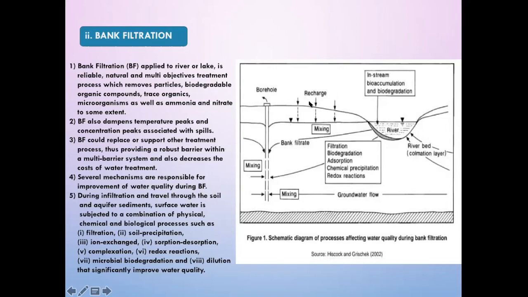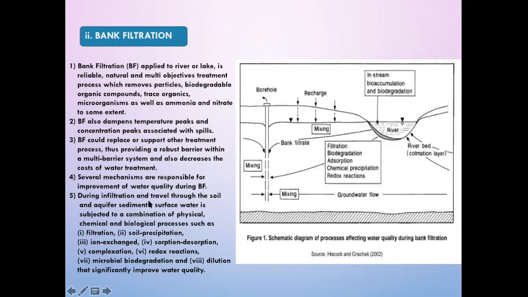The topsoil recharge happens here, and the mixing process will happen at the middle and bottom of the soil, and the bank filtrate water will flow to the wells. The sediment filters water down here. The processes that happen are filtration, biodegradation, adsorption, chemical precipitation, and redox reaction. So the mixing will happen here and go to the well.